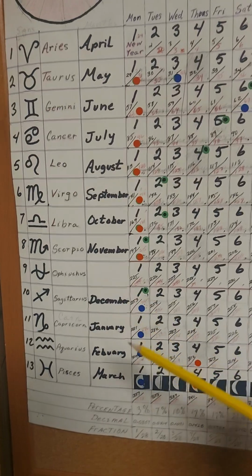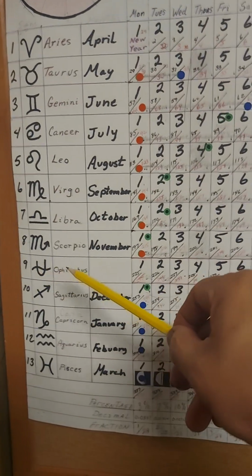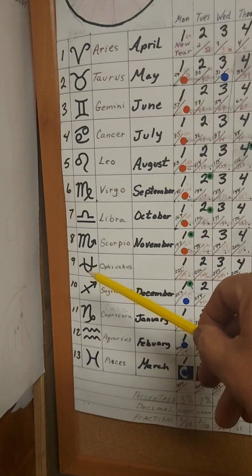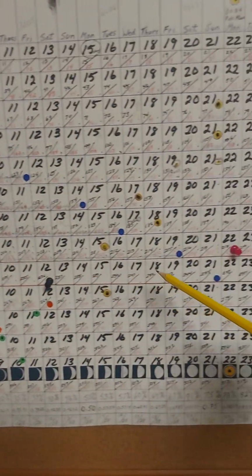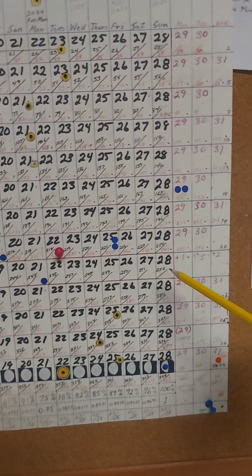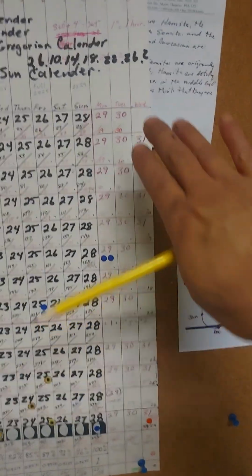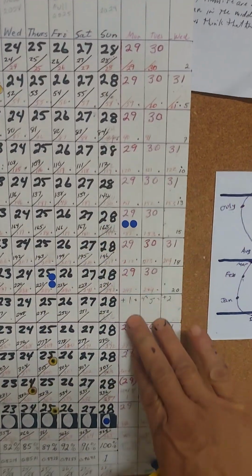Okay, now this one, Fusicus, you do not use that in your Gregorian calendar, but these numbers compensate for it.